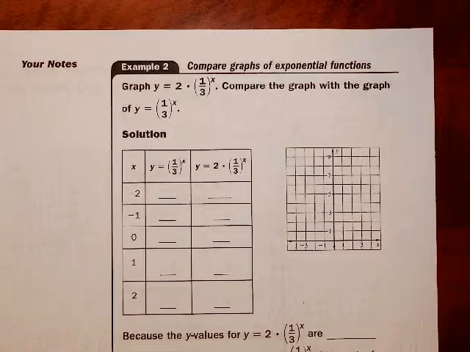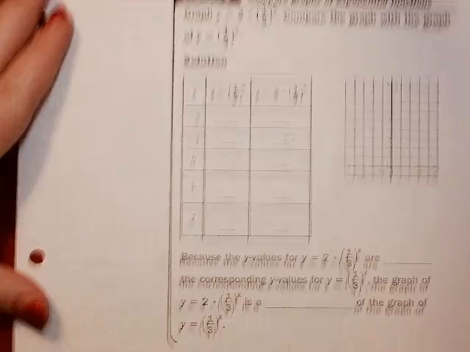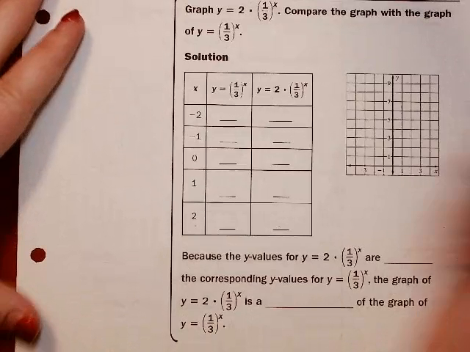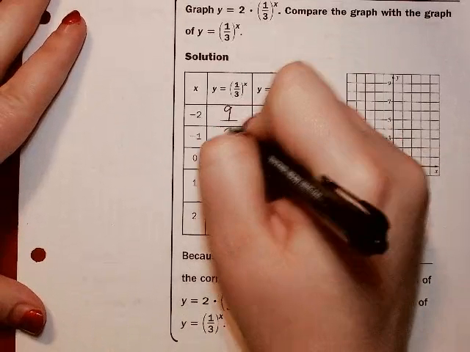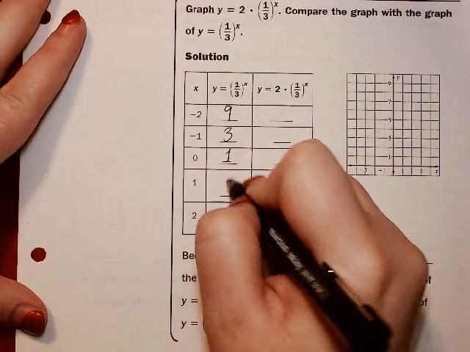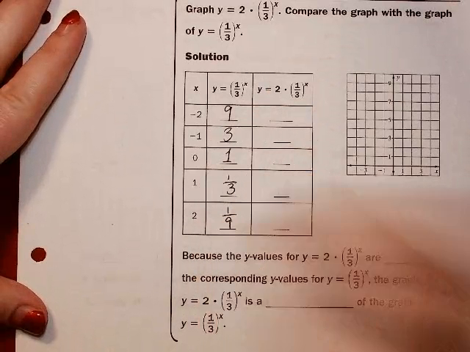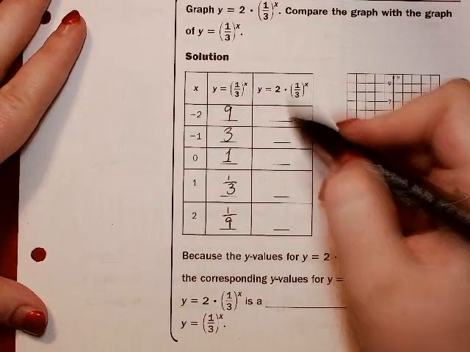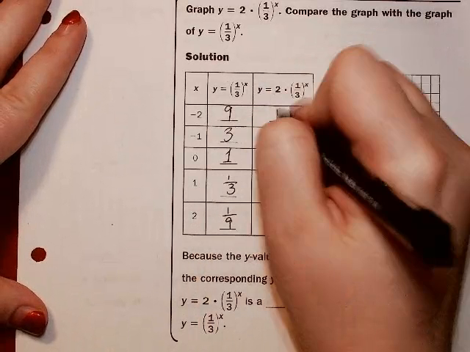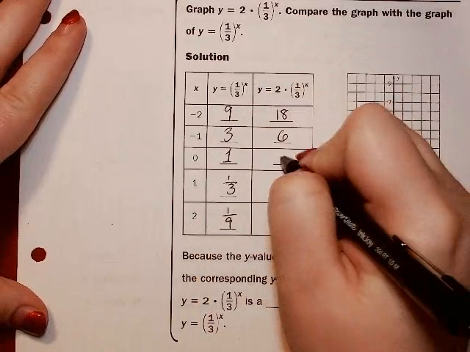Okay, so graph y equals 2 times (1/3)^x, and compare with the graph of y equals (1/3)^x. So for -2, we got 9, 3, 1, 1/3, and 1/9. Then for each of these, we're just doubling that, so 18, 6, 2, 2/3, and 2/9.